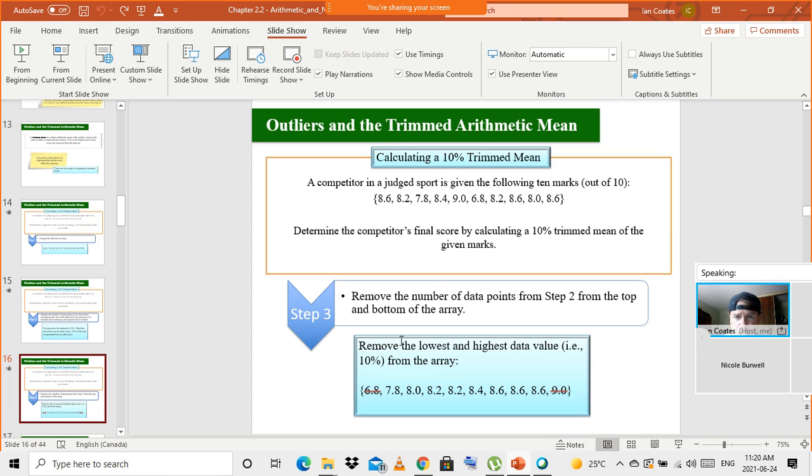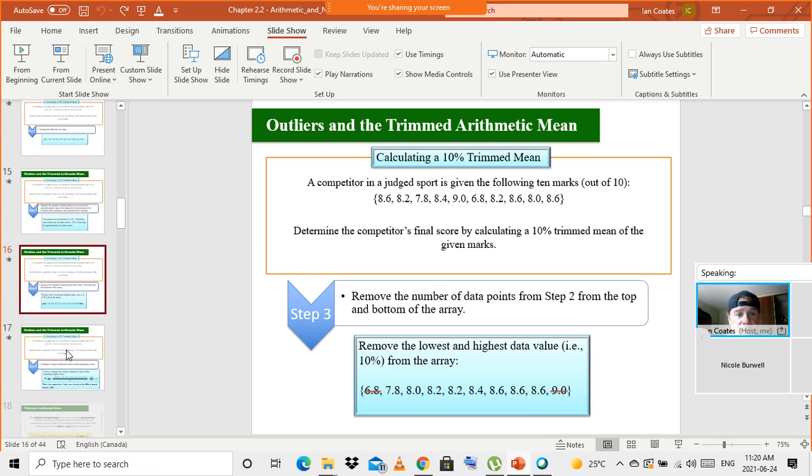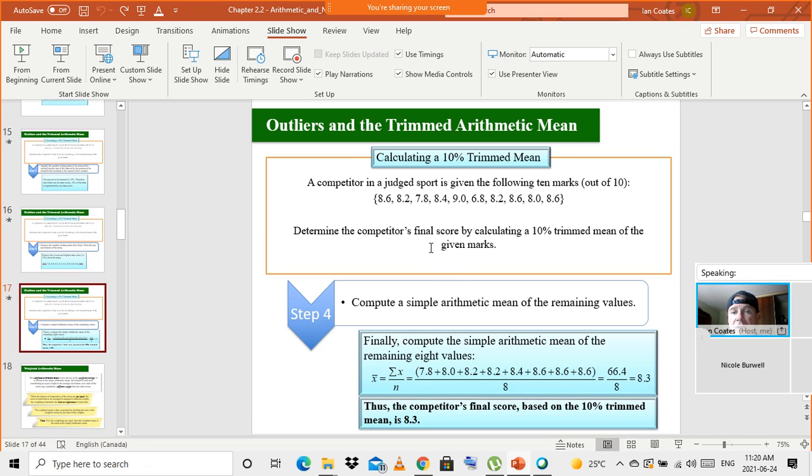So, 10 data points. We're looking for a 10% trimmed mean. We found out that 1 data point represents 10%. So get rid of the 6.8. Get rid of the 9.0. Good? And now you do a normal mean with the remaining points.